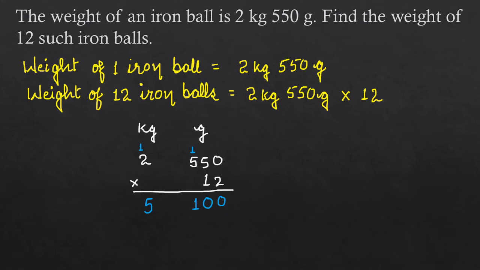So what we will do? We will put 0 at the ones place. Now multiply by 1. 1 into 0, 0. 1 five is 5 and 1 two is 2. Now add them.